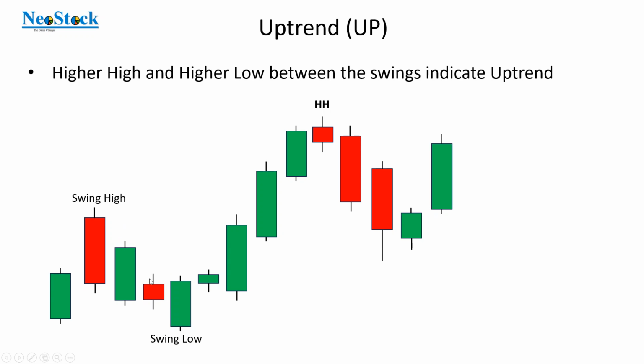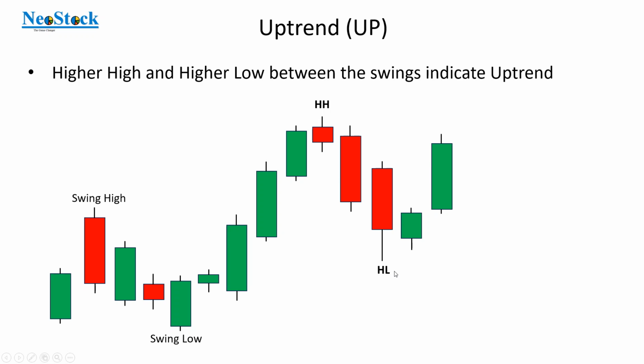This entire is the previous swing and this entire is the present swing. So this present swing low is higher than the previous swing low. So we are calling it higher low, that is short name HL. We got higher high and higher low.